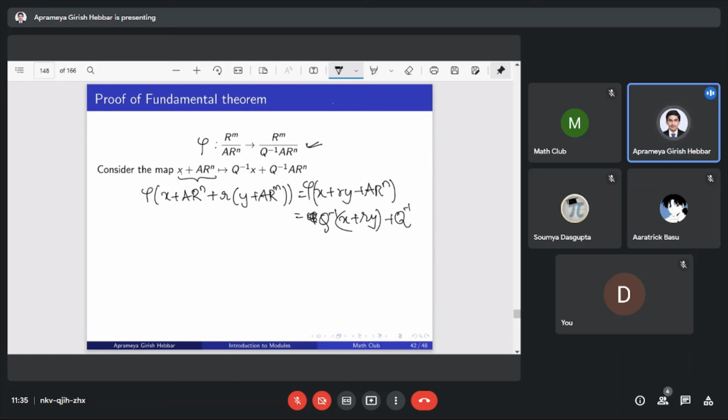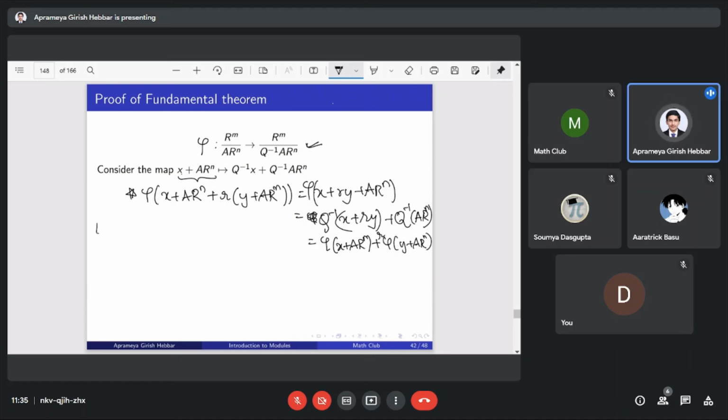This is due to the definition of phi. So this is equal to Q inverse x plus r Q inverse y, which is nothing but phi of x plus ARⁿ plus r times phi of y plus ARⁿ, since you have r outside. So this would prove that phi is indeed linear.